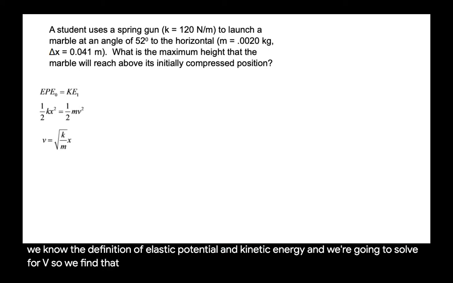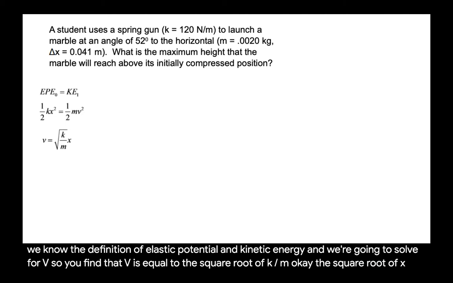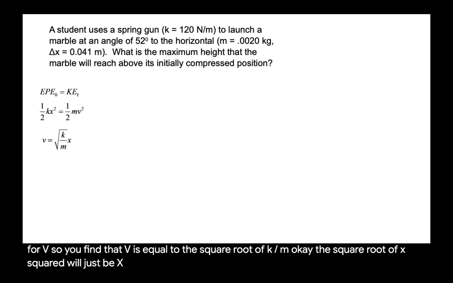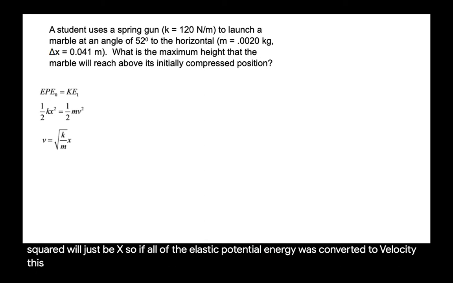We find that v is equal to the square root of k divided by m, times x, since the square root of x squared will just be x. Great.